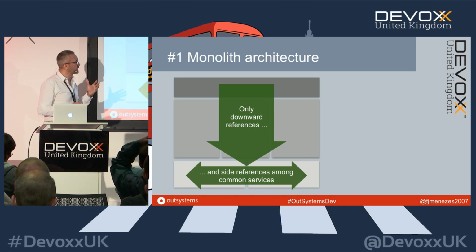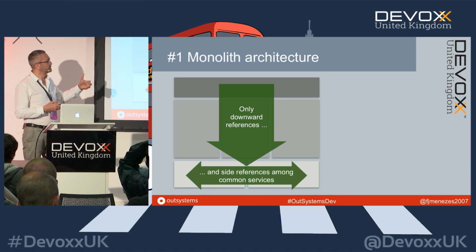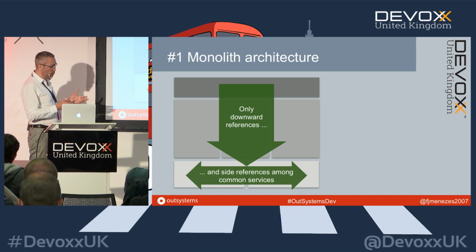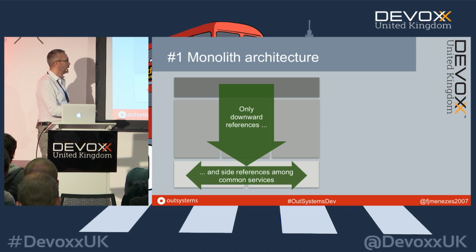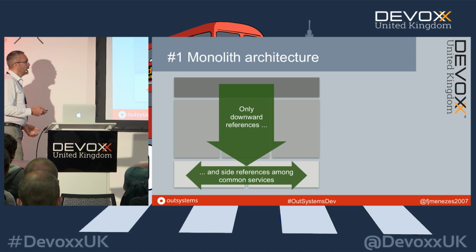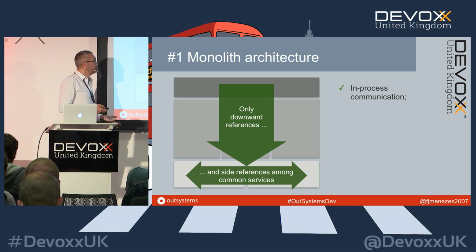If you have a monolith architecture, this is the minimum rule that you should keep. Since you want to have independence among verticals, they should not consume each other, and so you only have strong references to the common horizontal domains. This has some advantages.